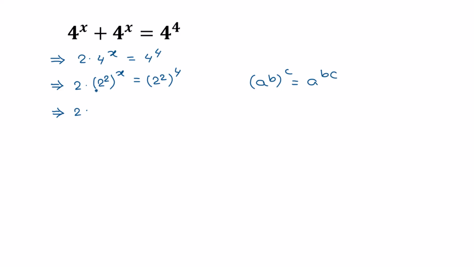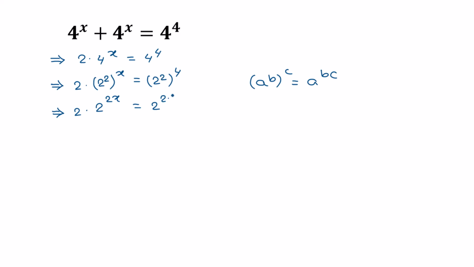Applying this formula here, in 2 squared whole to the power x, 2 is a, 2 is b, and x is c. So comparing this, we get 2 to the power of 2 times x. So we can write 2 to the power of twice x is equal to, similarly applying this formula on the right side, 2 to the power 2 times 4.